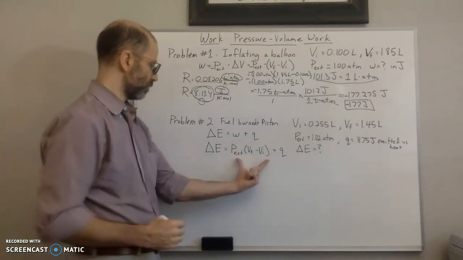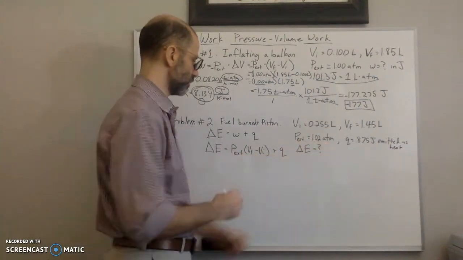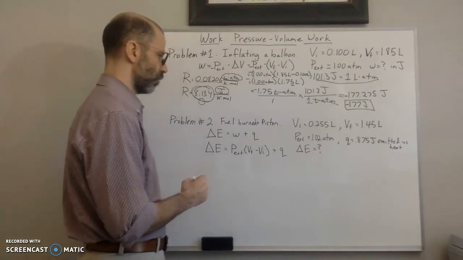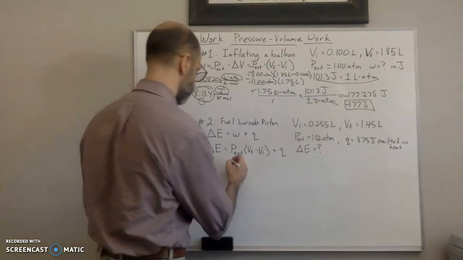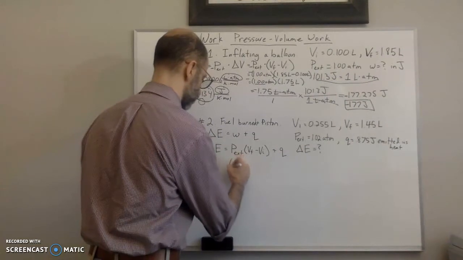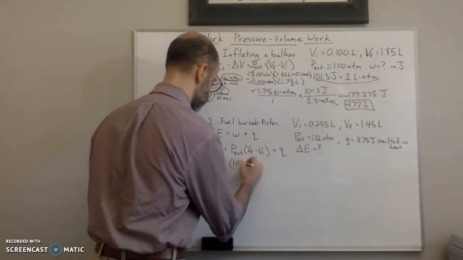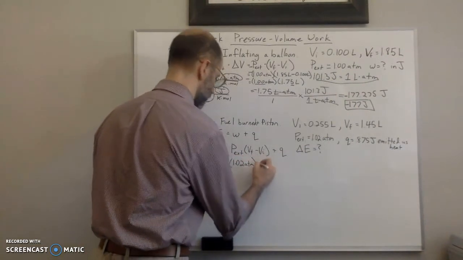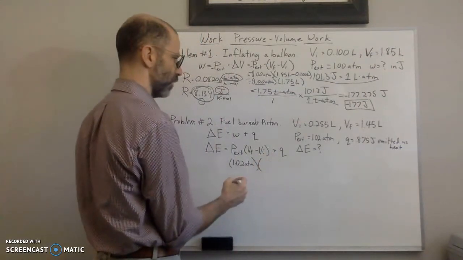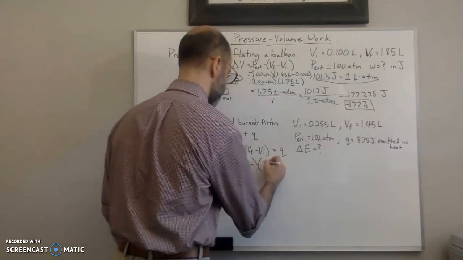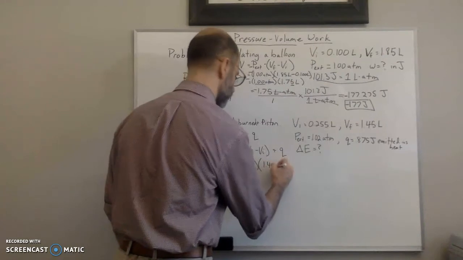So we've got to plug in what we know. 1.02 is the external pressure. So we're going to put in 1.02 atmospheres. We have the final volume, which is 1.45 liters.